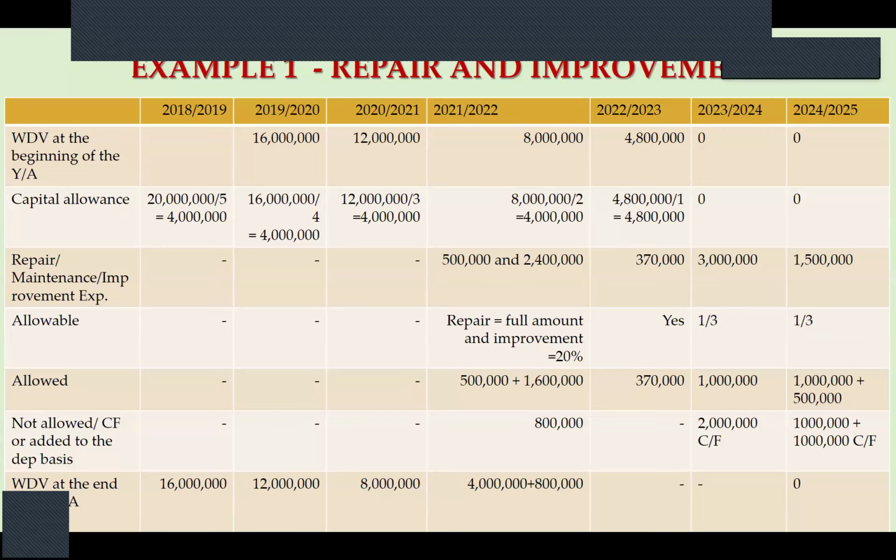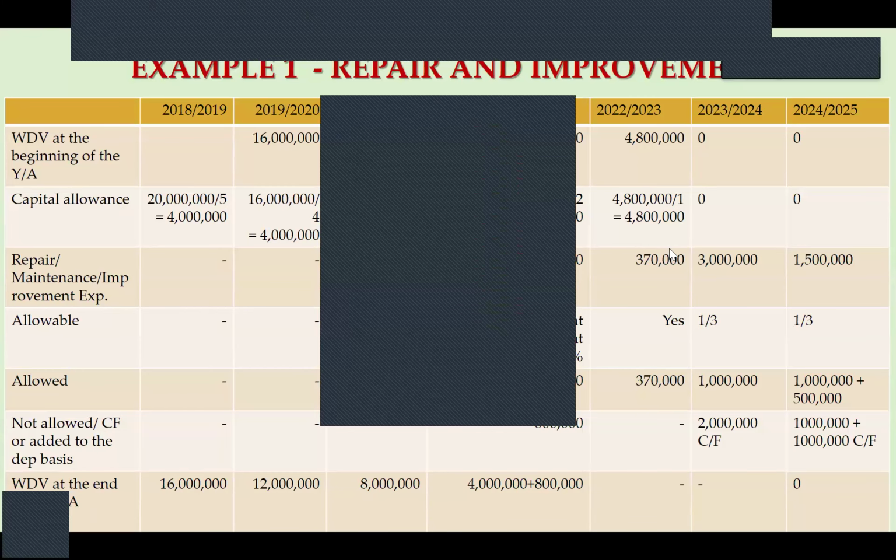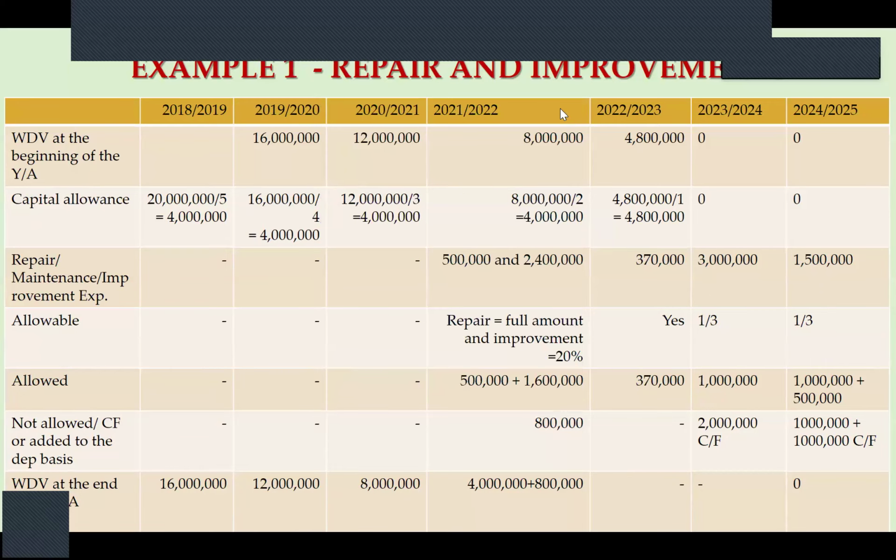So the period is 5 years. If it is an asset categorized under class 4, the depreciable period is 20 years. If we categorize that asset other than class 4, for all other classes the depreciable period is 5 years.